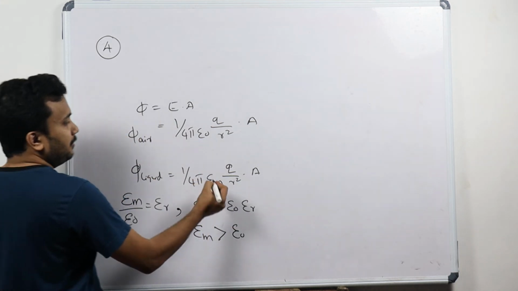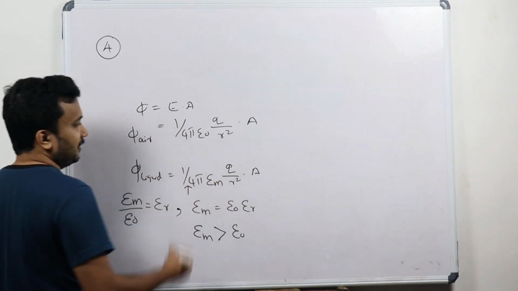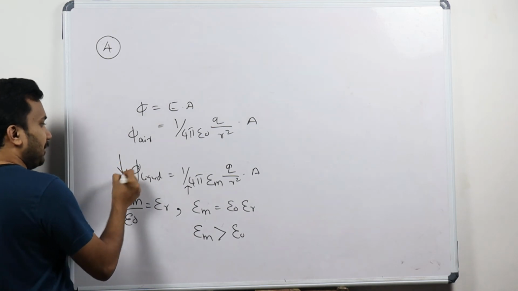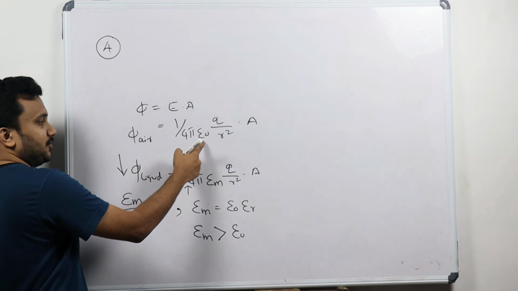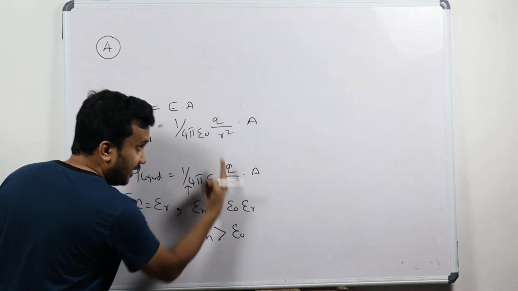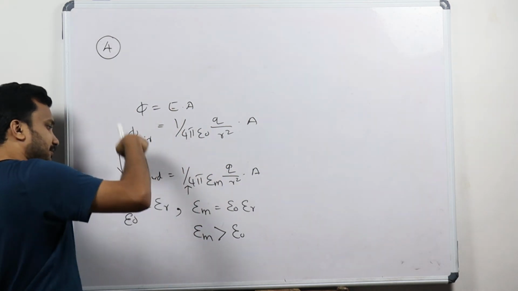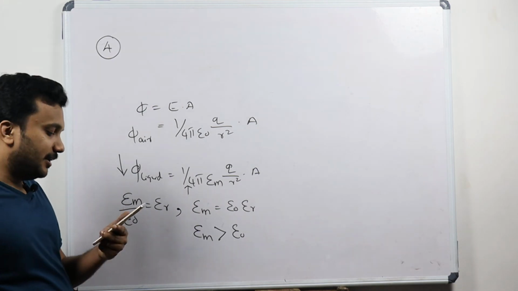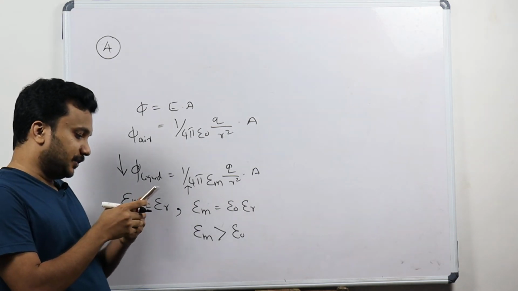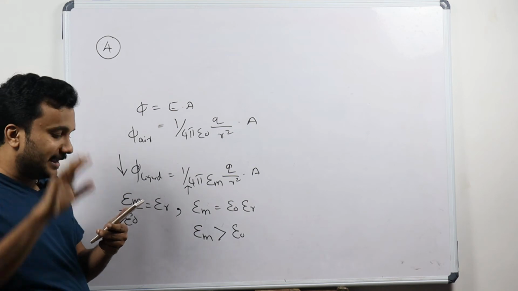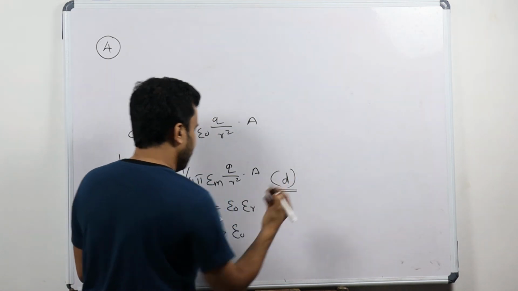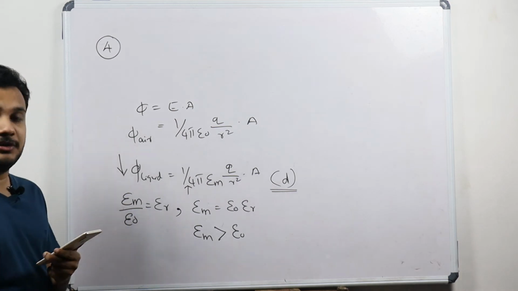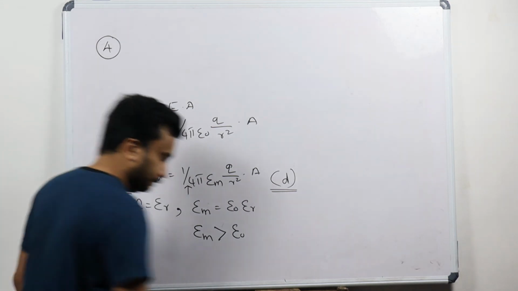If epsilon m is greater, then the flux will reduce. Compared to epsilon 0, epsilon m is higher, so the flux in the liquid will decrease. This matches option D. Option D is the right answer for the fourth question.